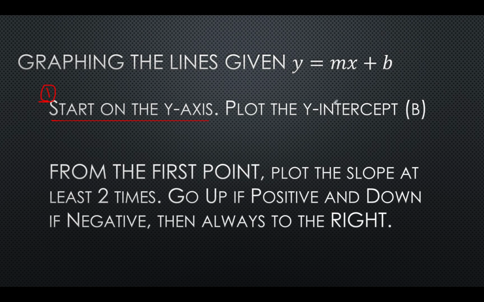You're going to plot the y-intercept, where the line begins, the b. And then from that first point, you're going to go up or down and always to the right.